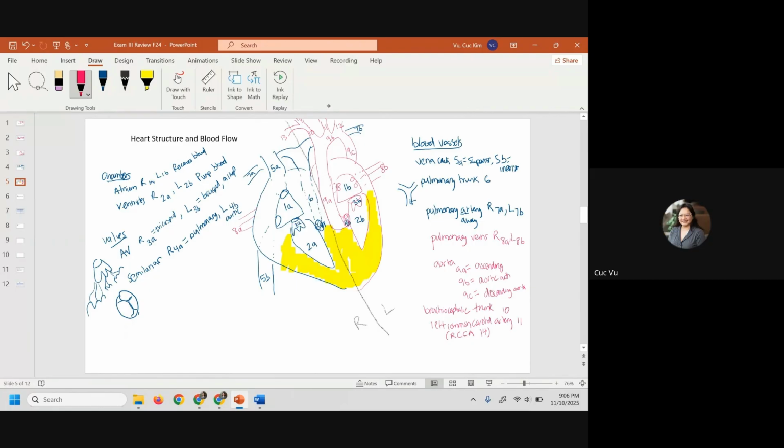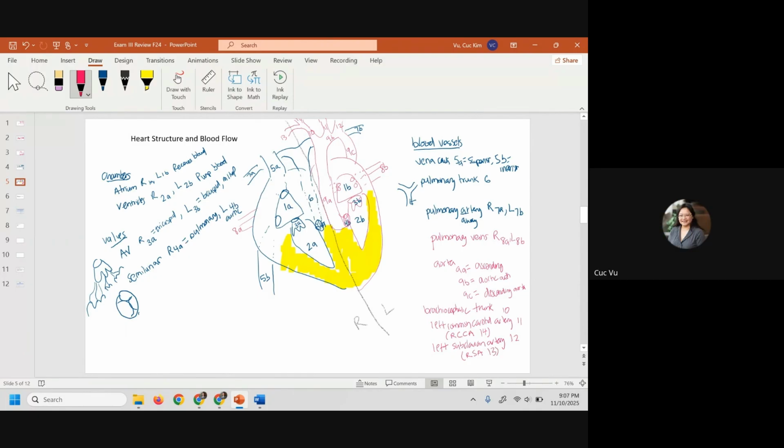You actually don't have to know that. That's why I put it in parentheses, but it makes sense to know it. What's number 12? Left subclavian artery. Yes, perfect. So it would make sense that your right subclavian artery would be number 13.